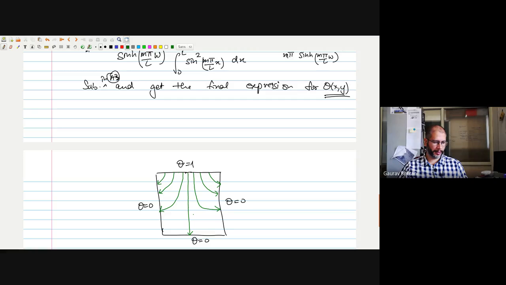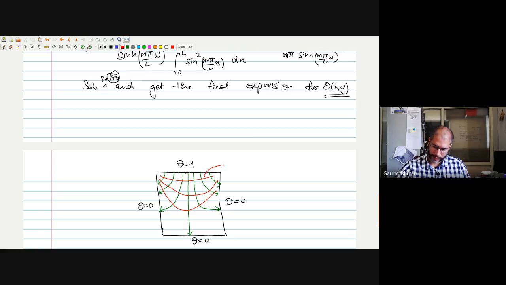And if you were drawing isotherms for temperature, then the isotherms will be perpendicular to this, because you know that q is nothing but grad T. So grad T is perpendicular to the isotherms, the constant values of temperature. So they will come out to be something like this. Again, they have to be symmetric. I didn't draw them that way.